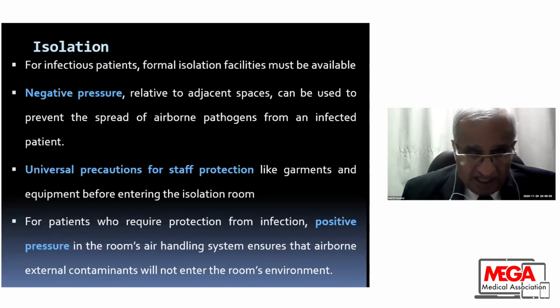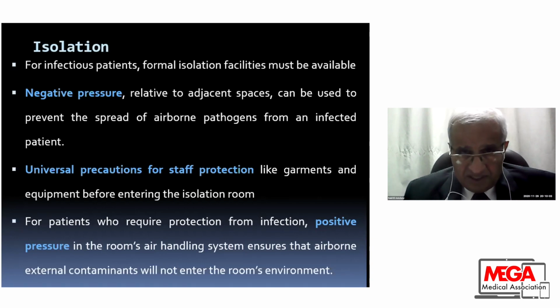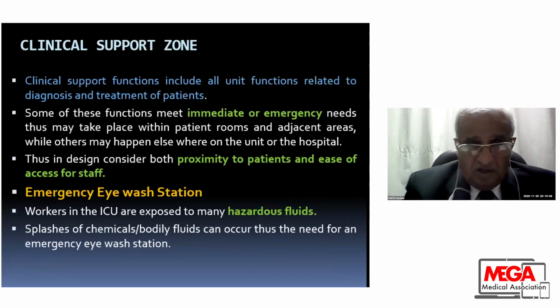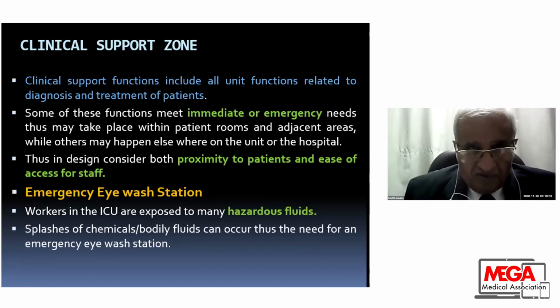So we can use negative pressure and positive pressure. As regards the universal precautions for staff protection, there are garments and equipment before entering the isolation room. And this way, we finish the patient care zone, which is the first item of the intensive care unit.